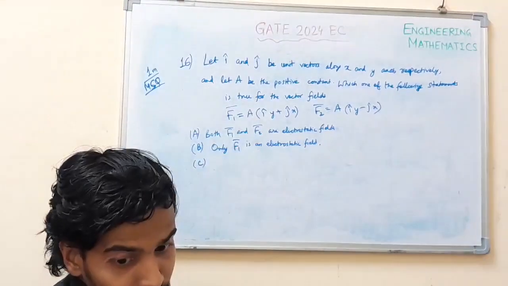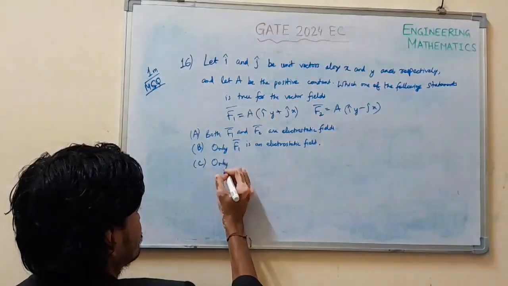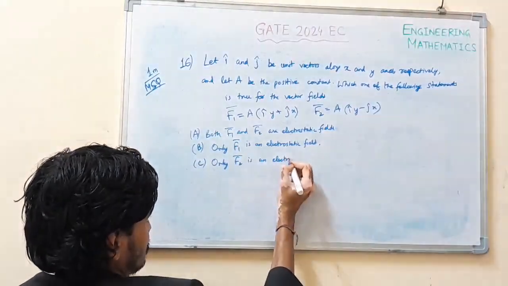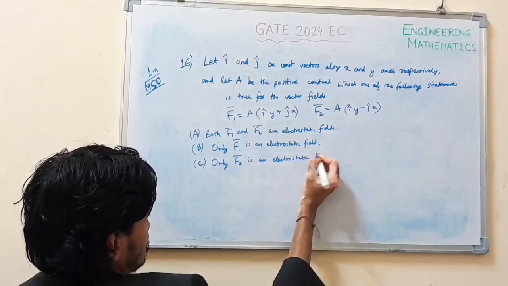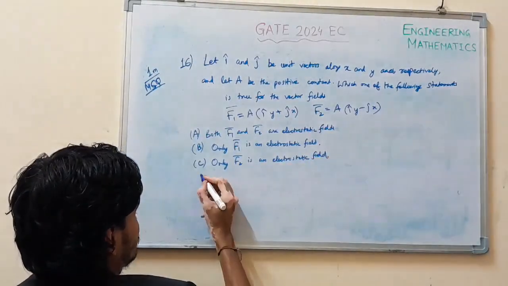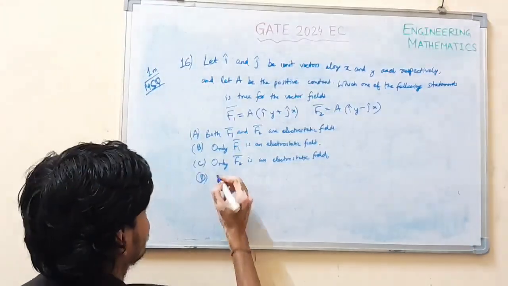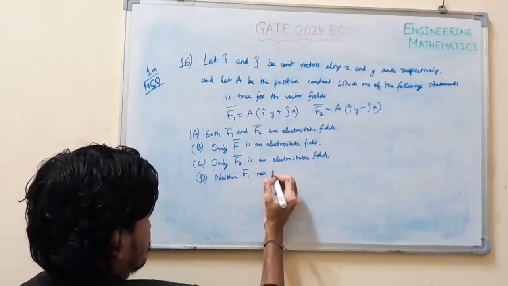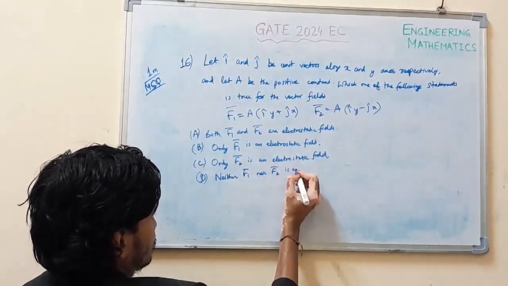Option C, only f2 is an electrostatic field. Option D, neither f1 nor f2 is an electrostatic field.